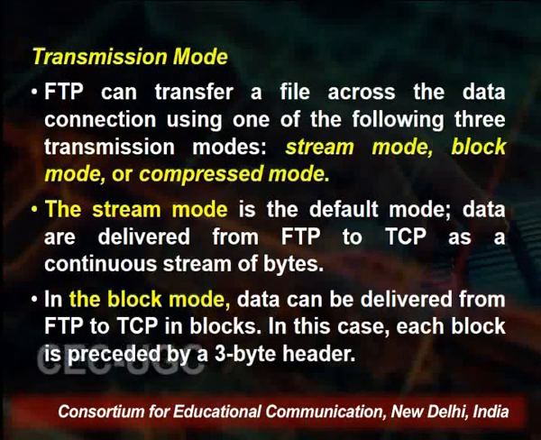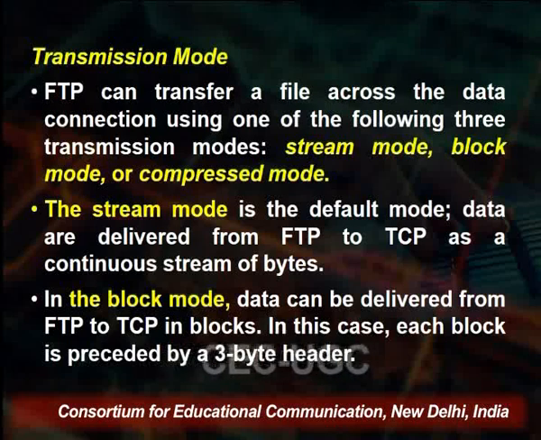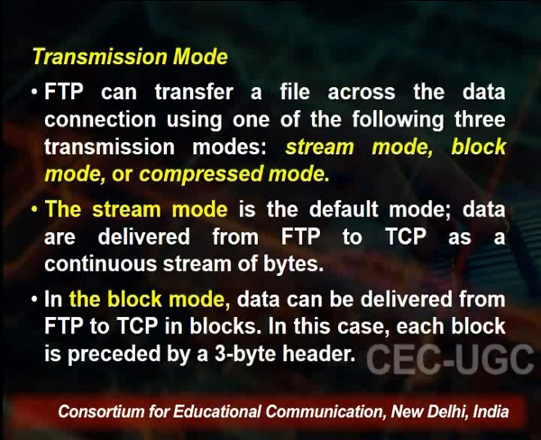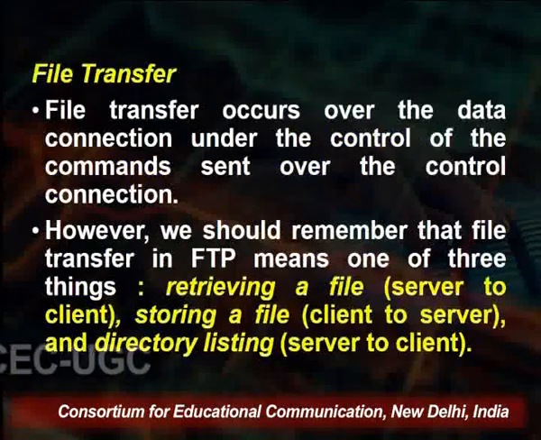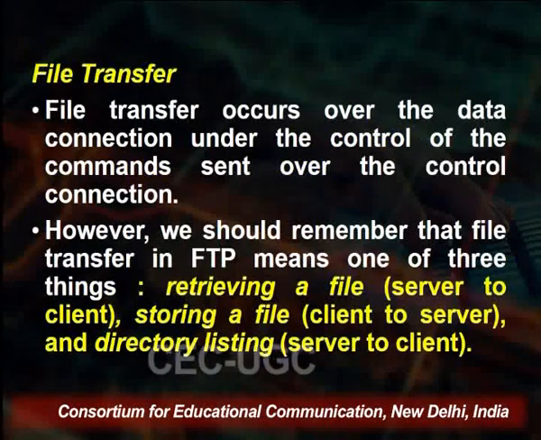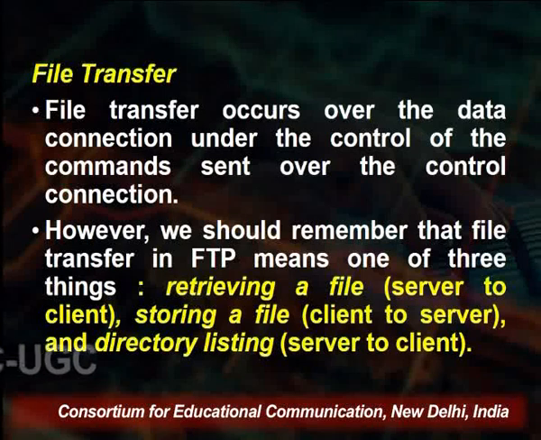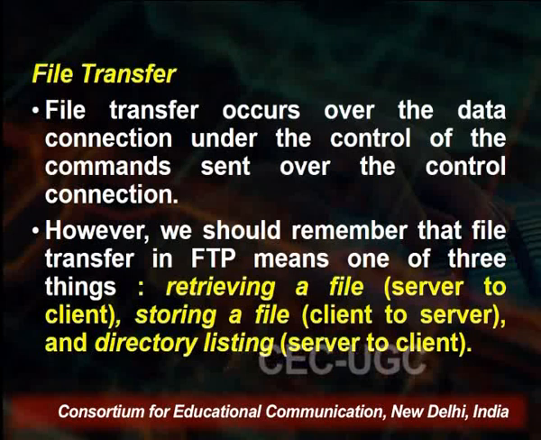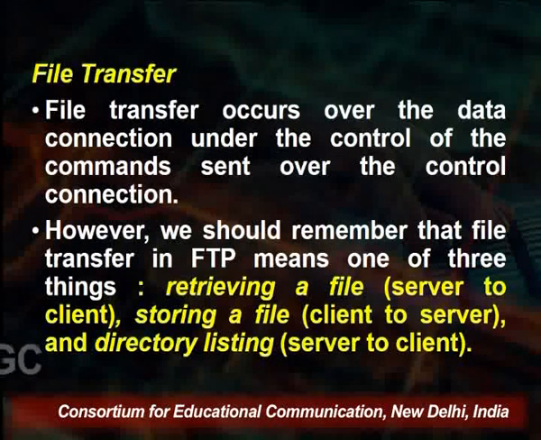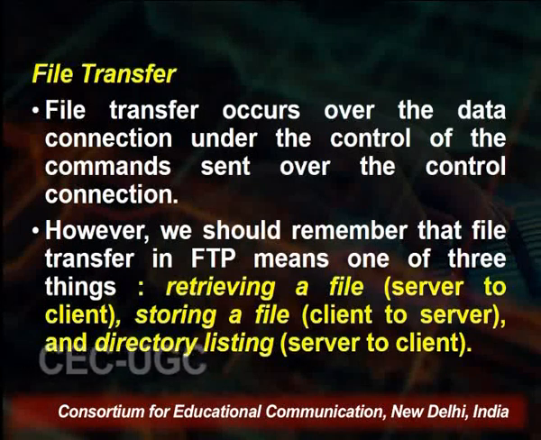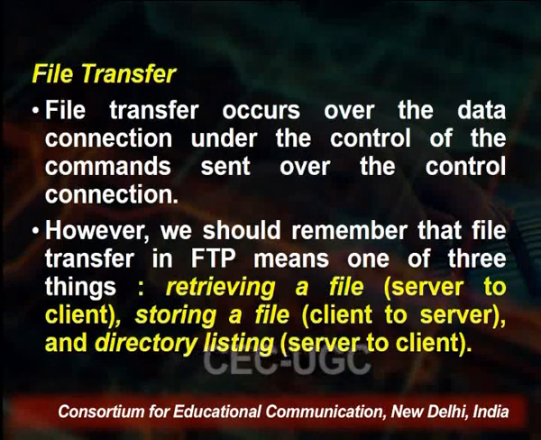In block mode, data will be delivered in blocks. Each block will be preceded by a 3-byte header, and file transfer actually occurs over the data connection under the control of the command sent over the control connection. So, we have to remember that file transfer in FTP means three things can happen. First, a file is being retrieved from the server to a client.